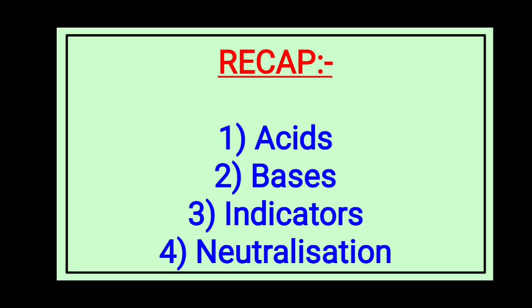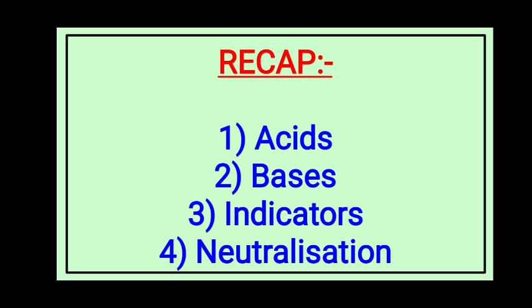The third indicator that is given, methyl orange, the color that is found in acid, that means when methyl orange is dipped in acid, the color change that is seen is red color and not pink color. So just change it. Methyl orange in acid is red in color.